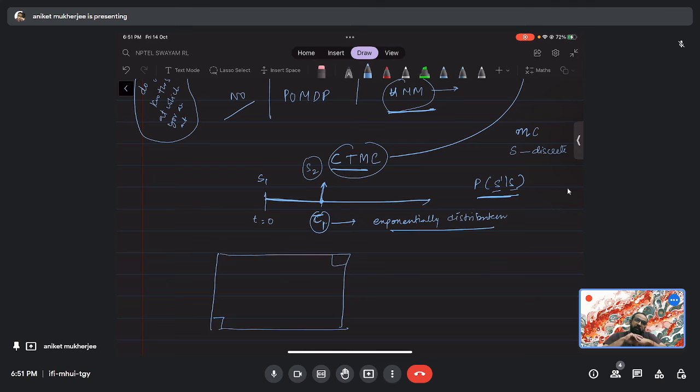Given a problem, it depends on how big your continuous space is. Suppose the grid world is of very big dimension, like your robot has to search some 1 kilometer by 1 kilometer area. You don't do very small tiling.